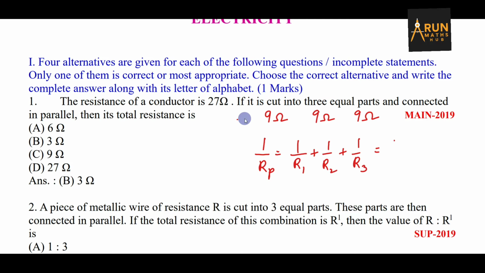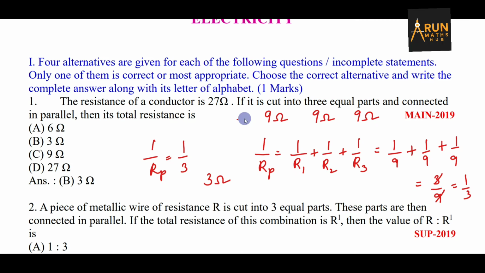That is equal to 1 by 9 plus 1 by 9 plus 1 by 9. What you get is 3 by 9, which is equal to 1 by 3. So 1 by Rp equals 1 by 3. Cross multiplying we get 3 ohm. Therefore the effective resistance or the total resistance of the circuit is 3 ohms. Therefore the correct answer is option B.